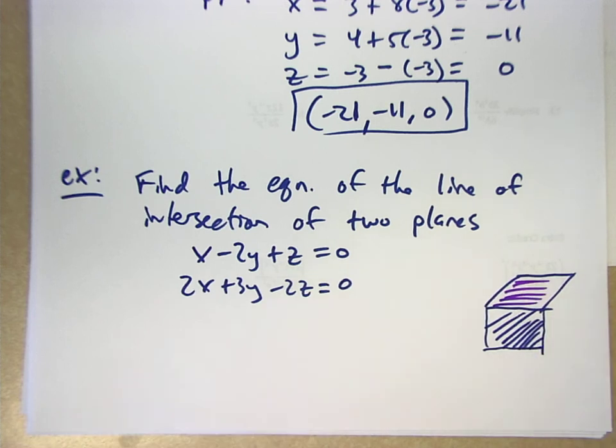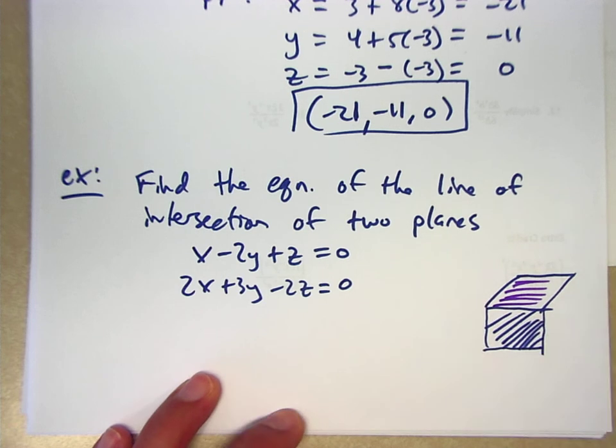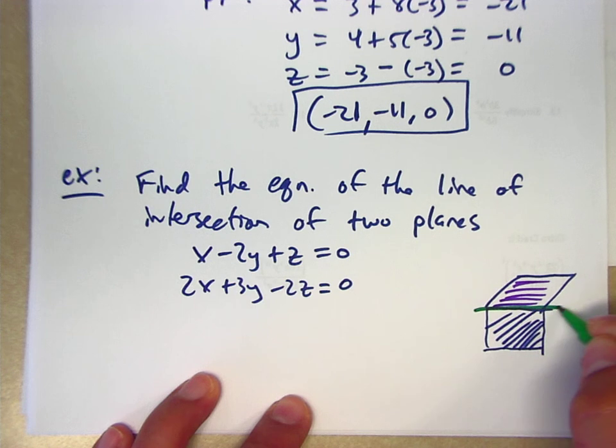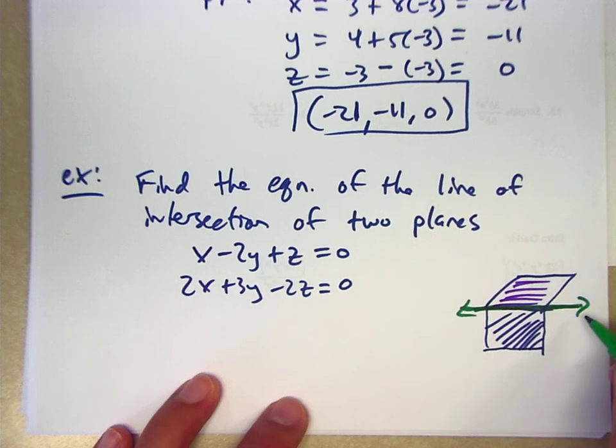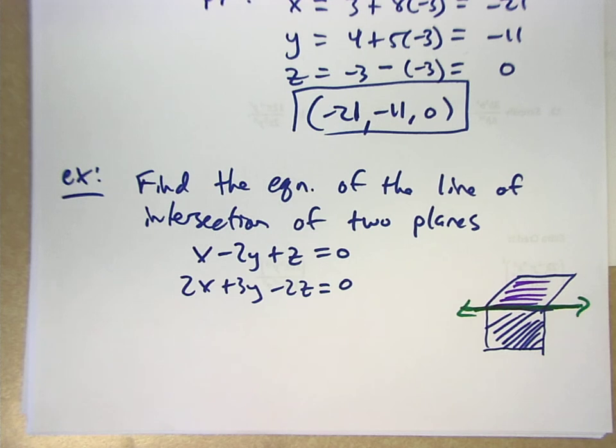These extend, obviously, infinitely in every direction, but you can see that they meet at this edge, which will form a line, and that's the line of intersection. Imagine it's like the binding in your book, right? When you open up the book, you got two planes, basically, and where the two planes meet, that's the binding. That would be the line of intersection.